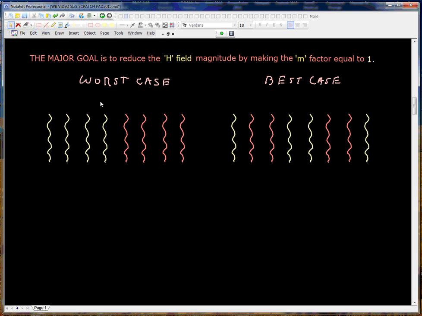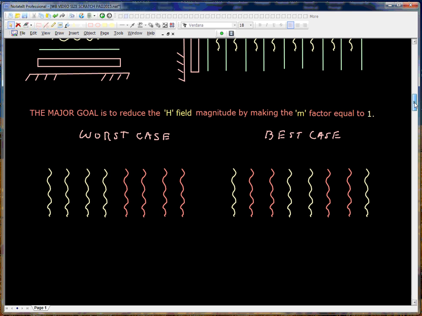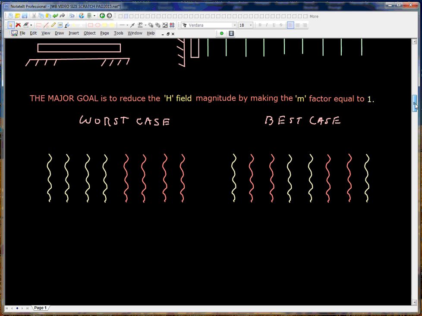I've taken the liberty too of using different colors. This is the primary winding, the secondary winding in red, primary winding in yellow, secondary winding in red again. And now I'm going to show you exactly how to calculate these losses.